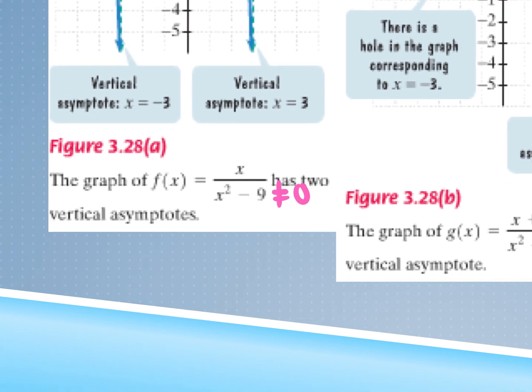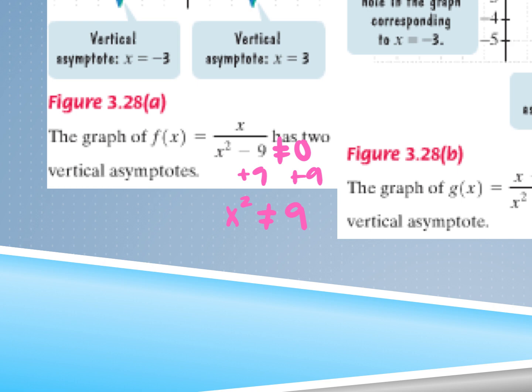So if I find my vertical asymptote for the first graph on the left, I would solve for x. So I add 9 to both sides. So x squared does not equal 9. Take the square root. So what can x not equal? Plus or minus 3. So what would my domain be here?